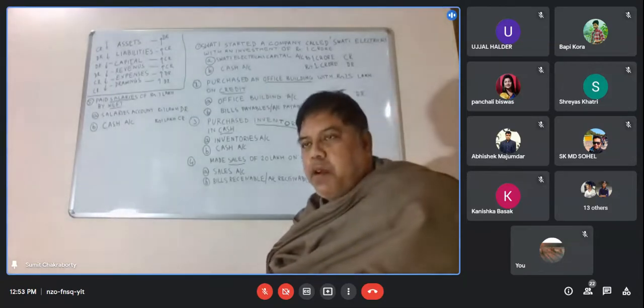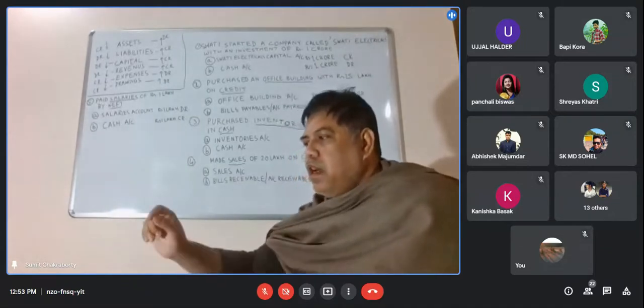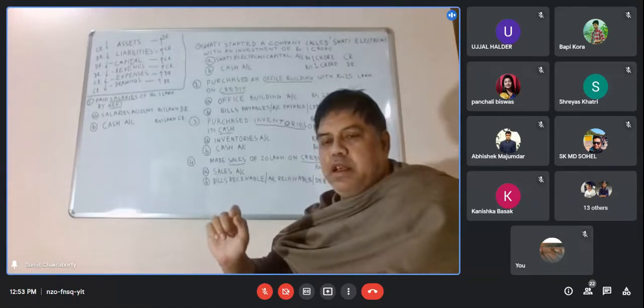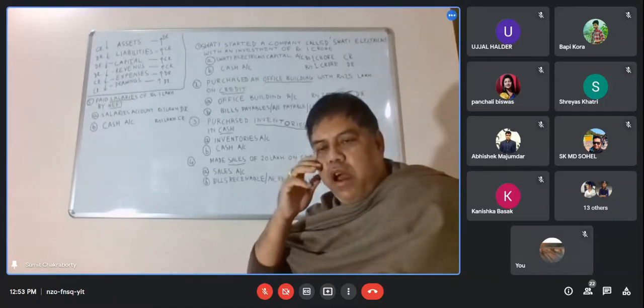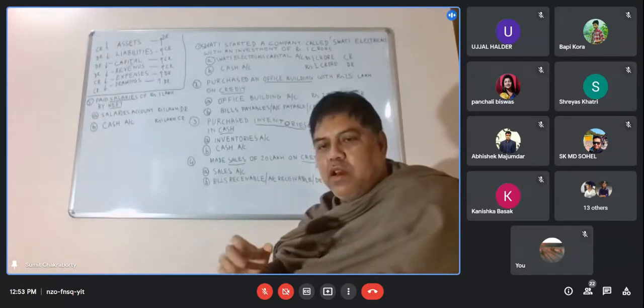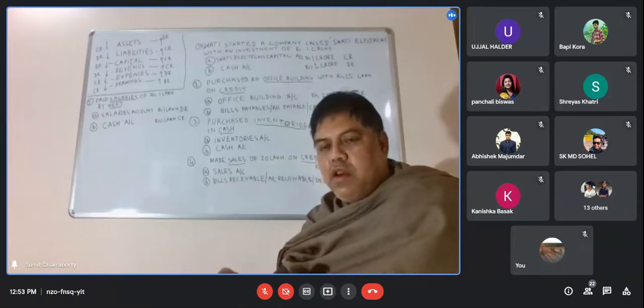Journal is the primary book of entry. As and when a transaction happens, you enter it in the journal. In the morning at 10 o'clock, 1 lakh of rupees sold, you write it down. At 11 o'clock, you receive certain items purchased, so you write down the purchase.